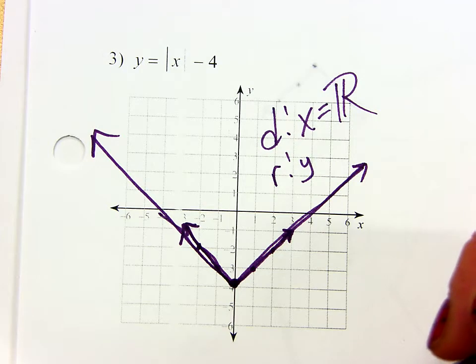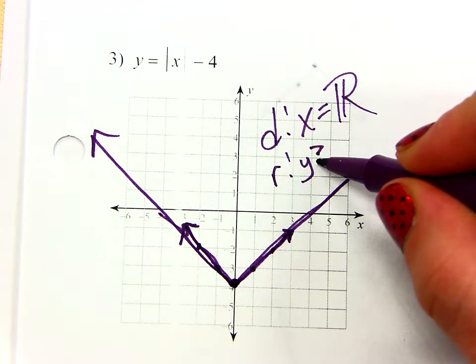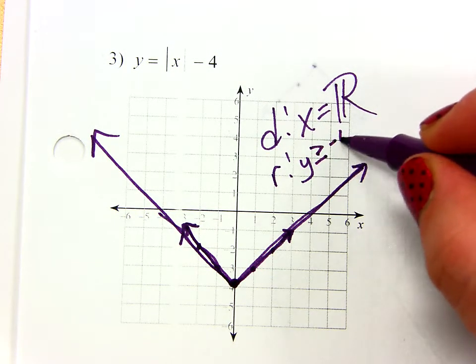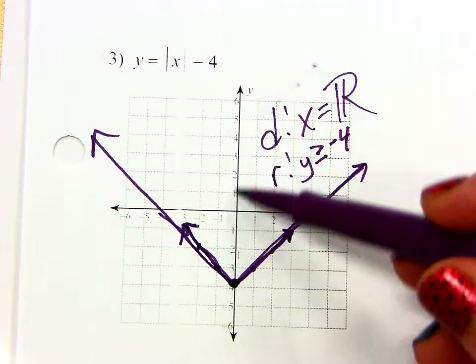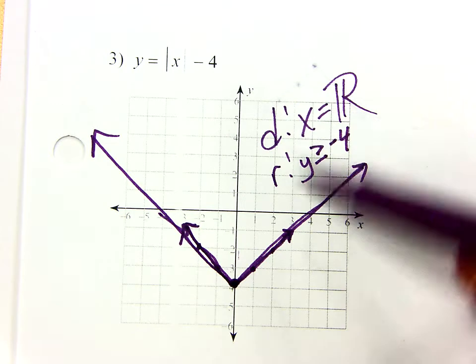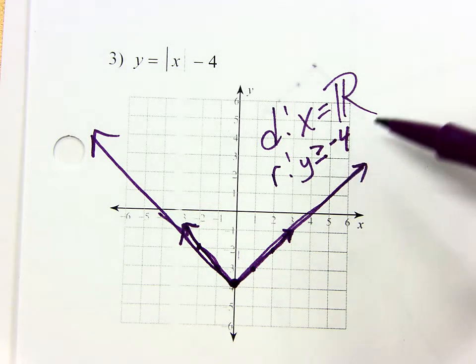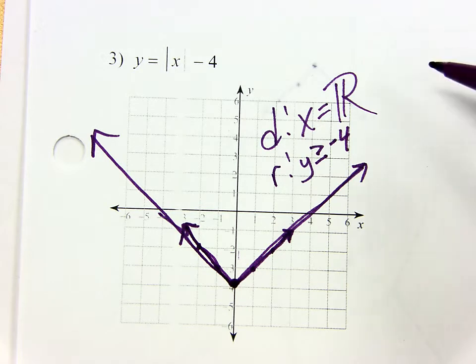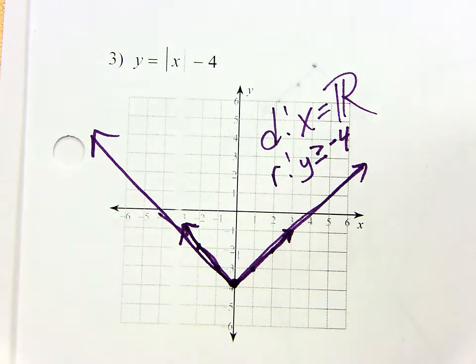So what y values will I get, Maddie? Greater than or equal to -4. Yep. So -4 is the lowest I'll ever get, but I'll get every y value above that, because these are going to continue going up forever. So I'll get all the positive y values eventually, but I'm never going to get these ones that are lower than -4.